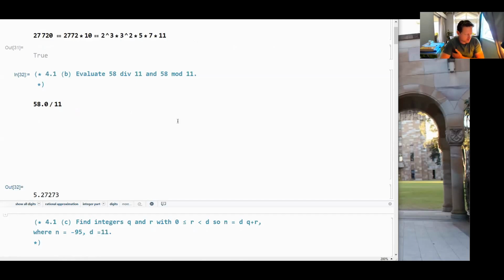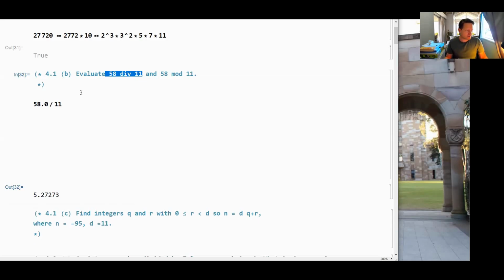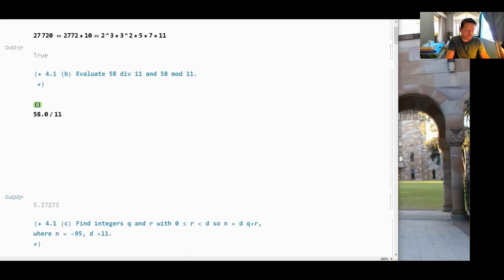It looks like it's recurring with 27. So the floor of that, we'll just take the integer part of it, which is 5. So in other words, 58 div 11 is equal to 5.